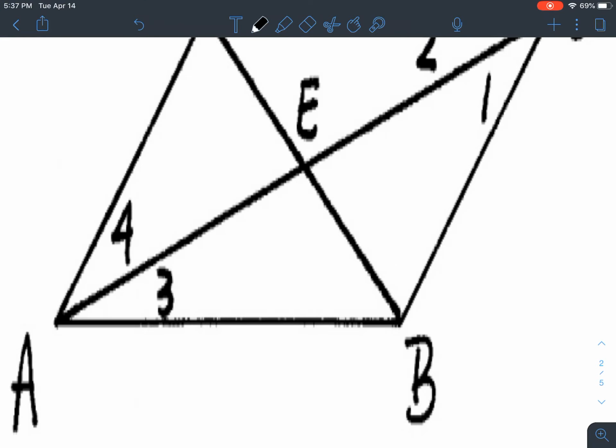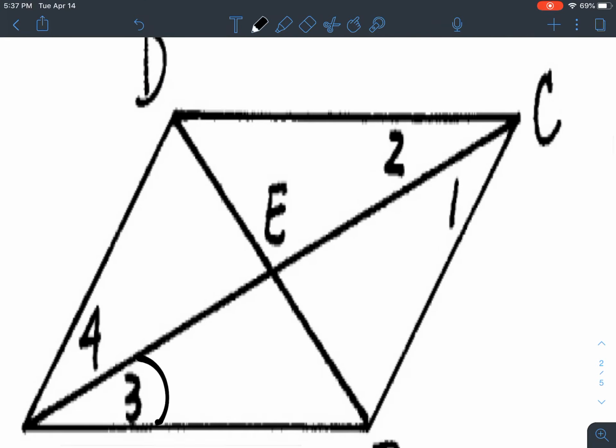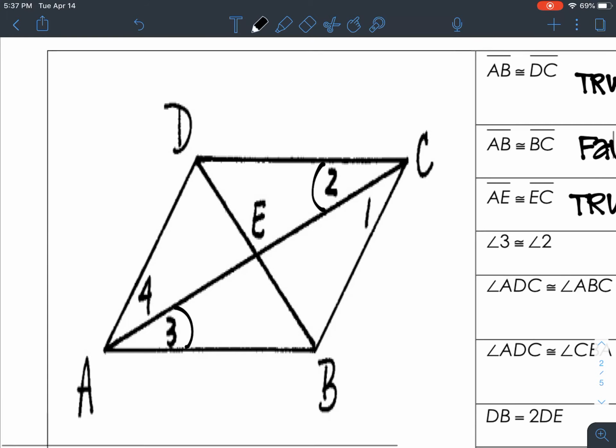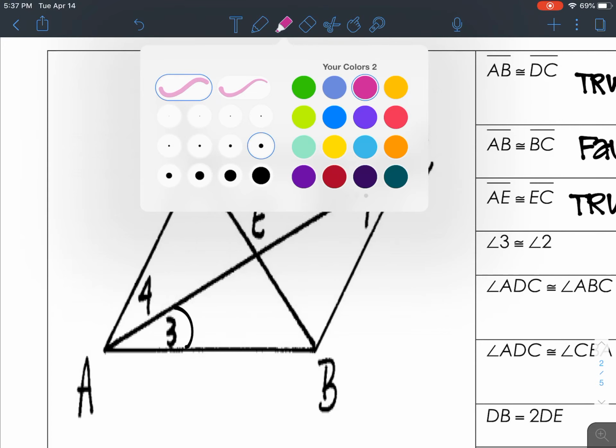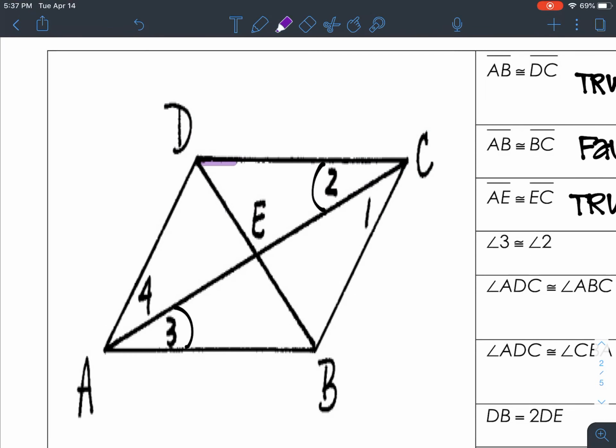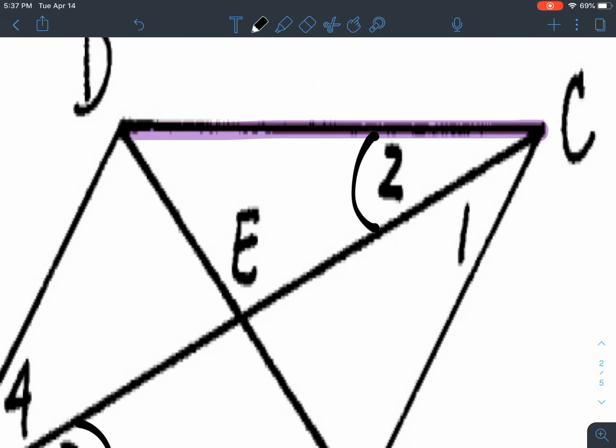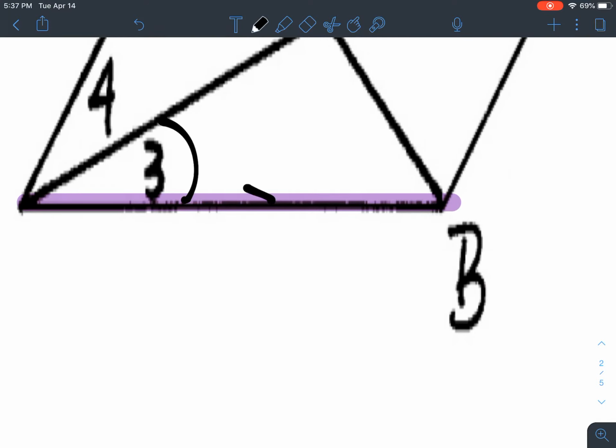Okay? All right, next one. Do we know that angle 3 is congruent to angle 2? Now, this one's a little bit trickier, but I want to highlight something so that you guys can look at what I'm looking at first. What do we know about DC and AB? Well, we know that they're congruent, but what else do we know about them? We know that they have to be parallel because it's a parallelogram.